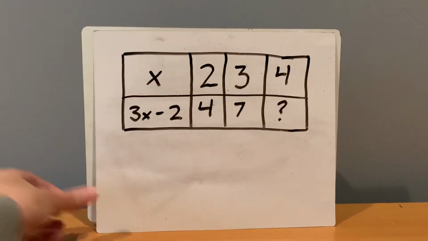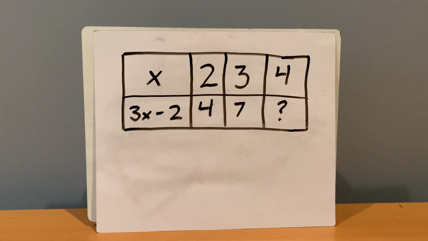Looking at this table, we find the missing number in this function table. Now this table is arranged horizontally. The rule of the function is stated in the table. So we have the rule right here: multiply the x number by 3 and then subtract 2 to find the missing number.